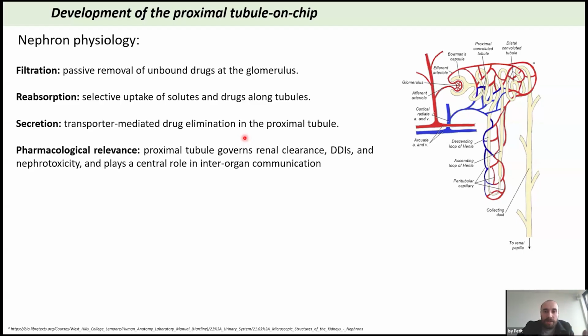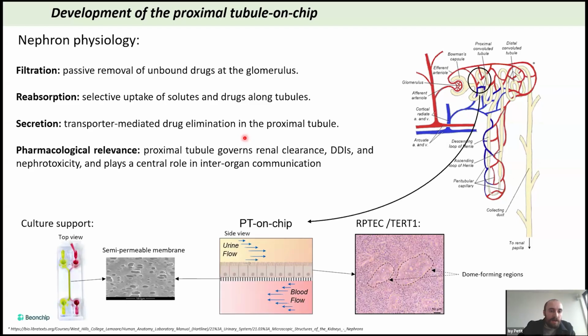And to replicate this place, we have chosen a commercial culture support, which consists of two compartments, a basal one and an apical one, separated by a semi-permeable membrane. We use this setup to model the blood flow and the urine flow, and to replicate the proximal tubular epithelial barrier, using the hepatic TERT1 cell line.